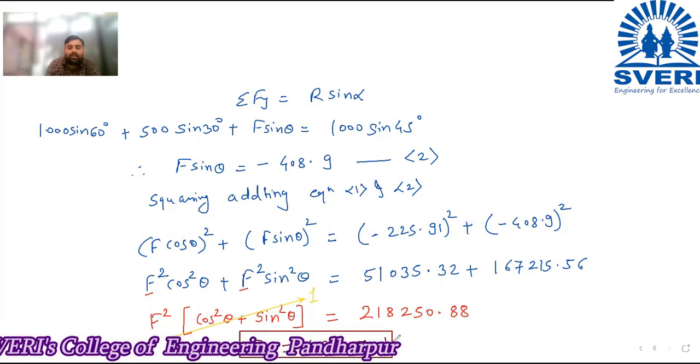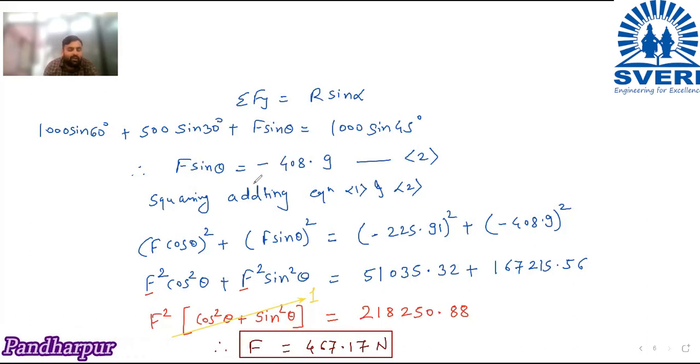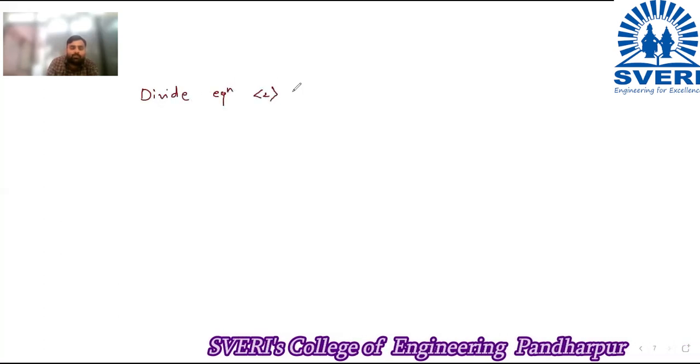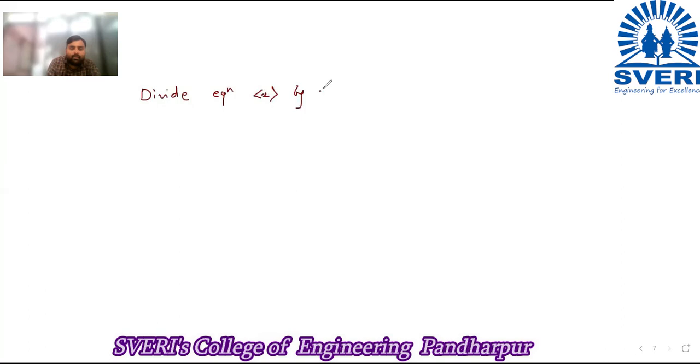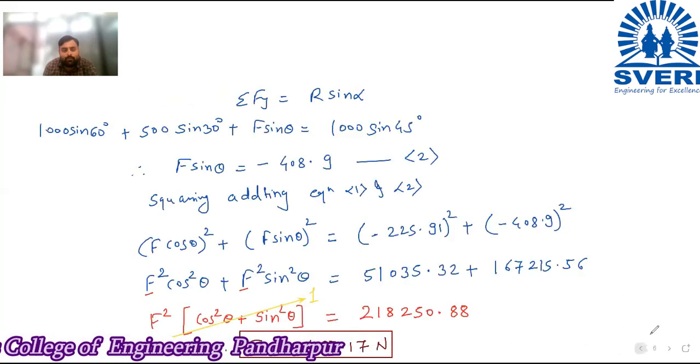Now put this value of f in either equation 2 or equation 1 and calculate the value of theta. Or otherwise you can do it simply by dividing equation 2 by equation 1. You can do it this way also. So what is my equation 2?